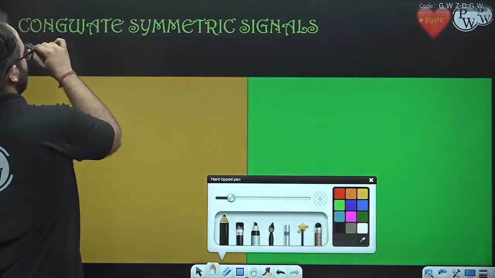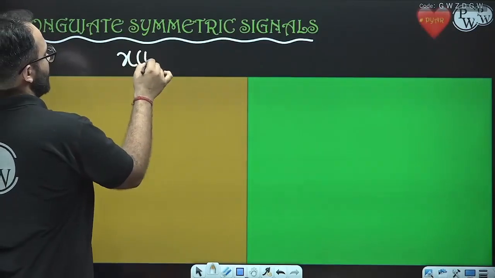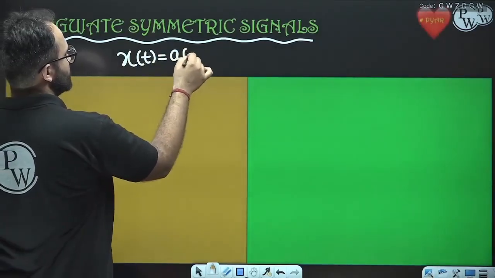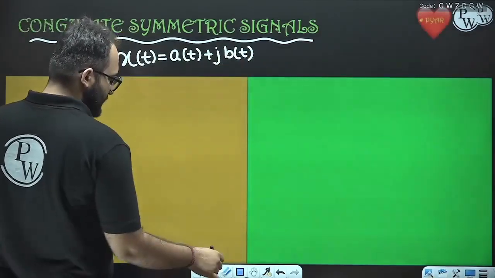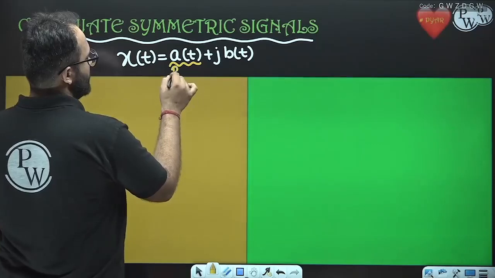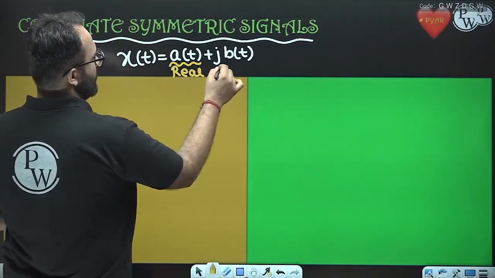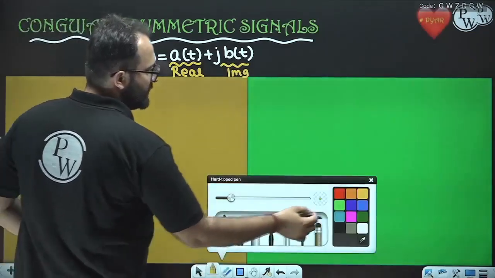So, conjugate symmetric signals. If x(t) is a complex signal, it has some real part and some imaginary part. This is the real part, and this is the imaginary part.